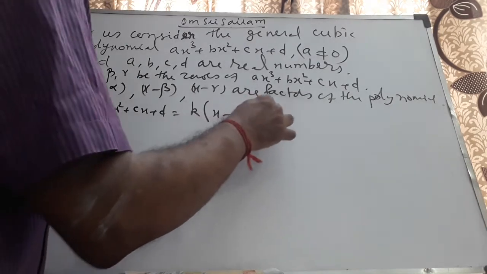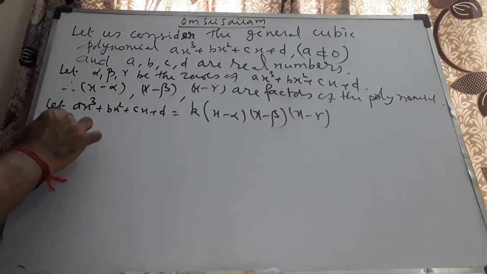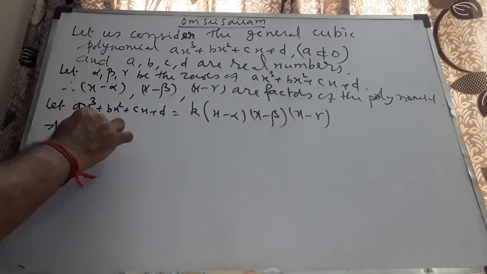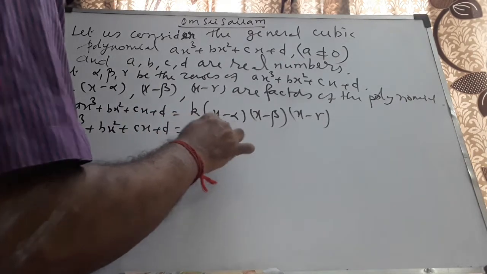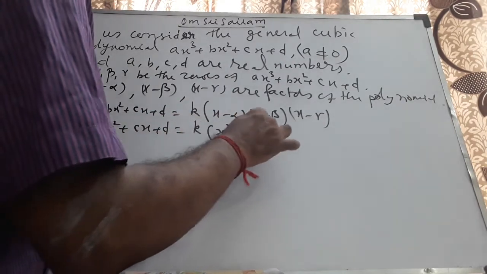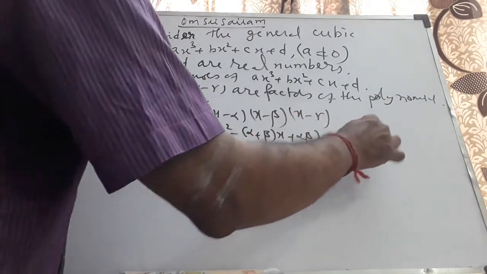into x minus alpha into x minus beta into x minus gamma, which implies ax cube plus bx square plus cx plus d is equal to k into x square minus alpha plus beta into x plus alpha beta into x minus gamma.